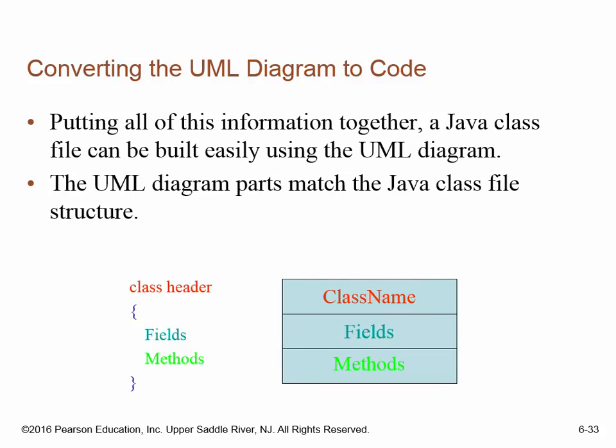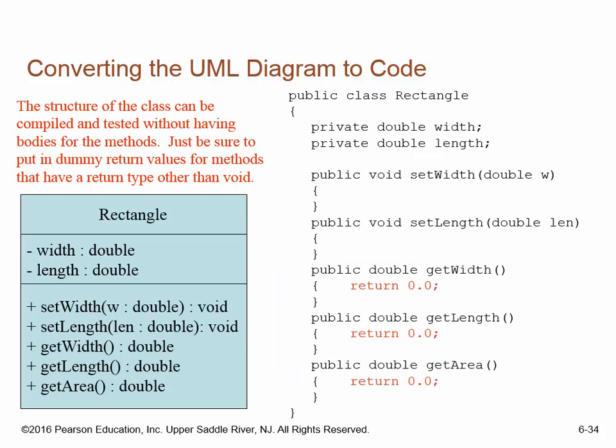There is software that will take a UML diagram that you've created and create Java code from it. There's other software that will take your Java code and write a UML diagram from it. But most of the time people end up doing this. So it says the name of the class is Rectangle. There are two pieces of private data, width and length.